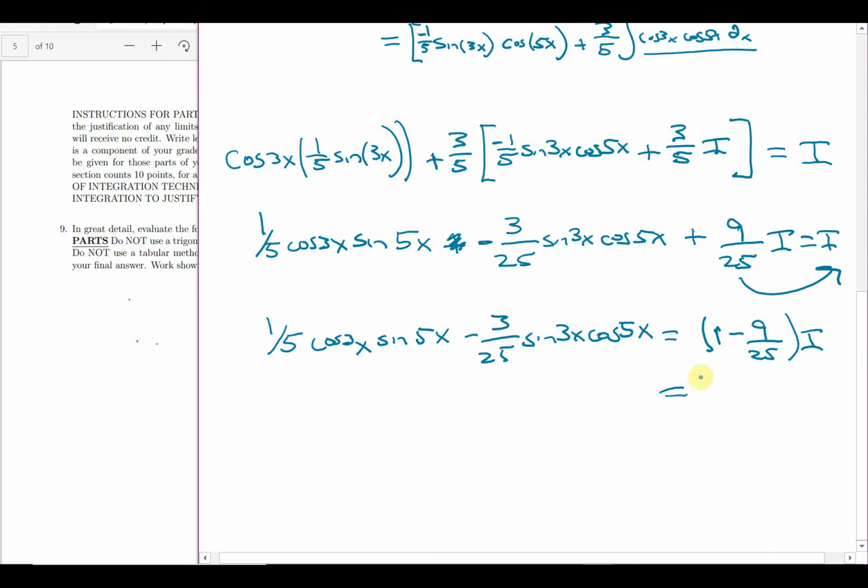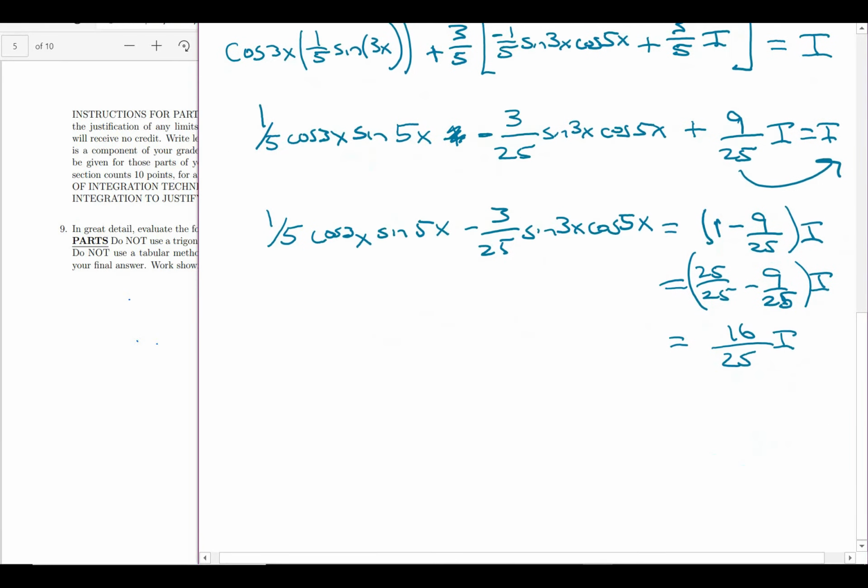And this equals 25/25 minus 9/25 times I. And this equals 16/25 I. So that's 16/25. Wait, hold on a second.